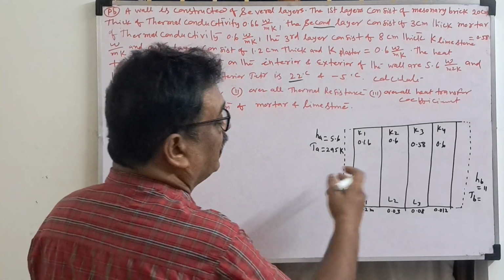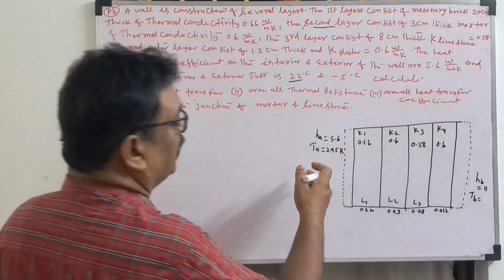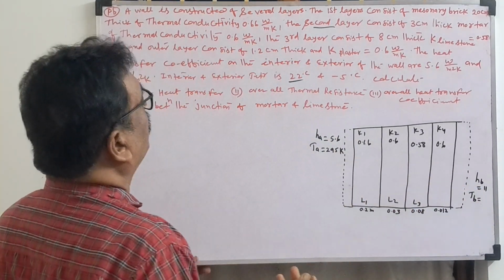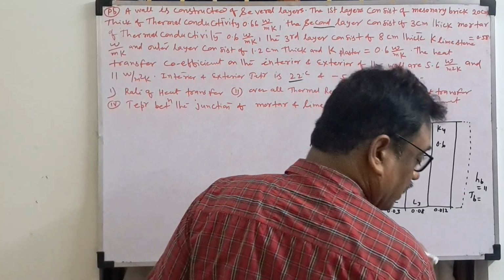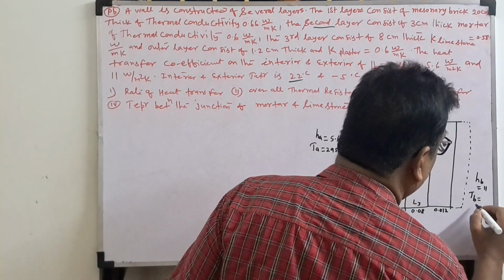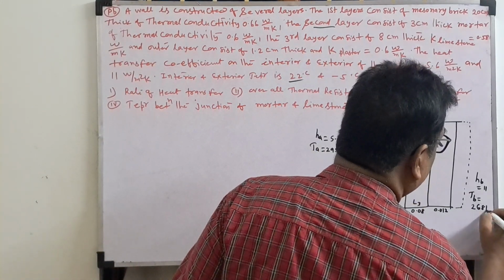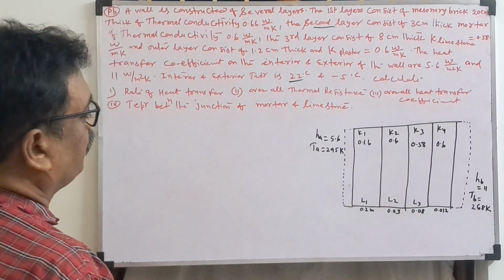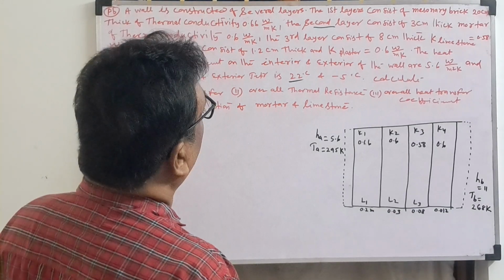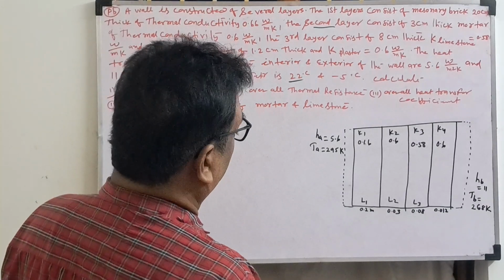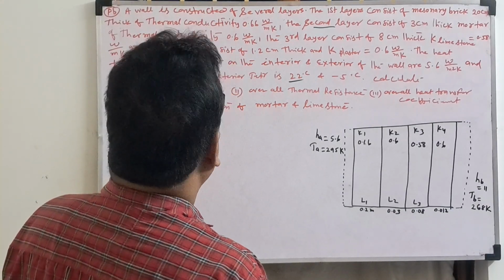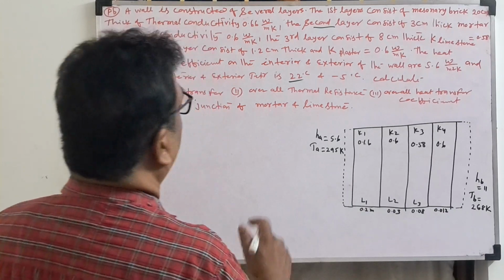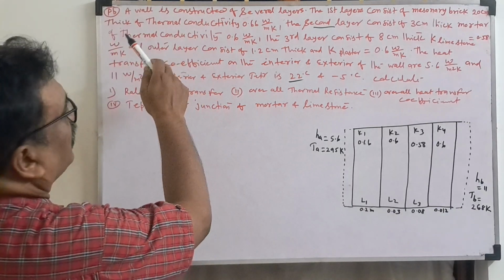You can write Ti, To, nothing wrong, inner and outer, TA, TB, whatever notations you are comfortable with. TB will be 268 Kelvin. So I replaced the conductivity and length from the problem to the diagram. Now they are asking, so once I will read the question.